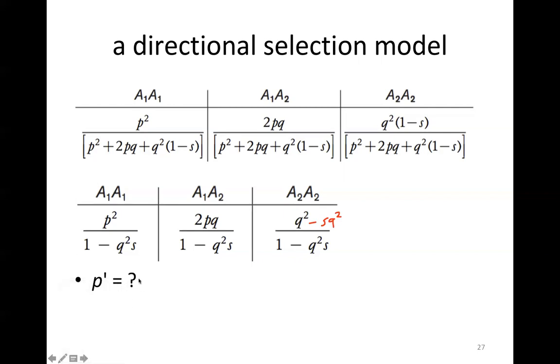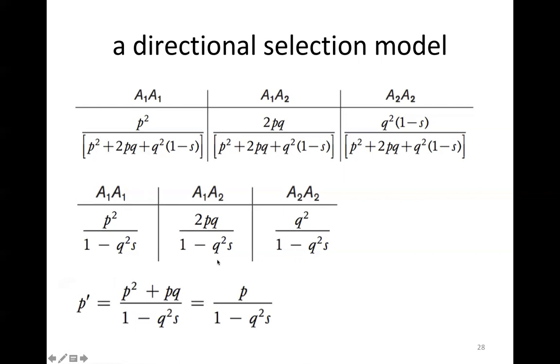Okay, and now let's calculate P prime. P prime will be the frequency of A1 homozygotes, P squared, plus half of 2PQ, because the heterozygotes carry only one copy of the A1 allele.